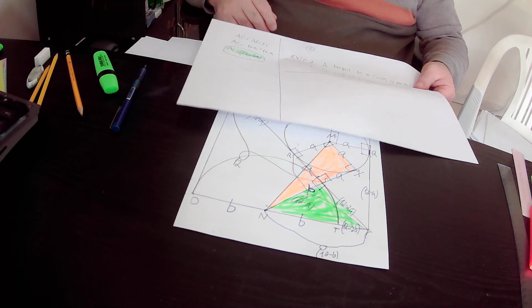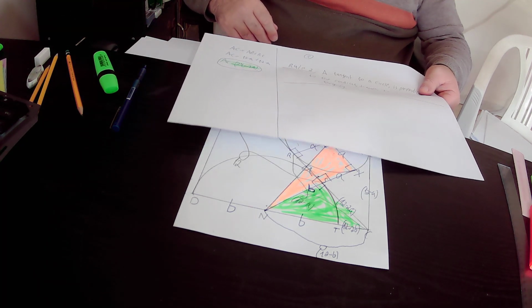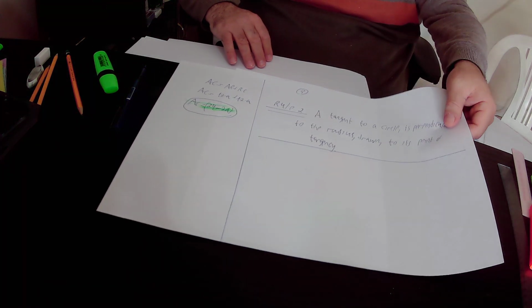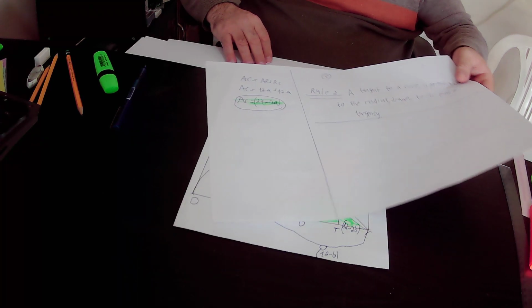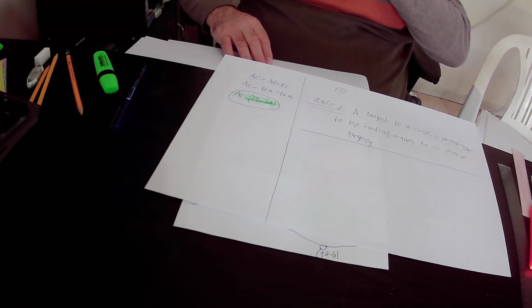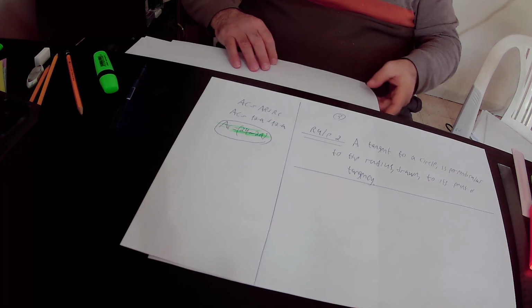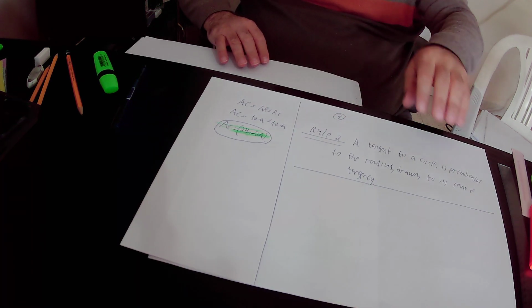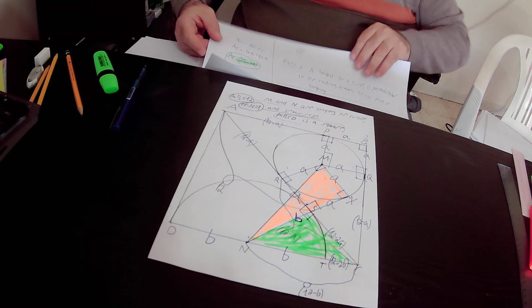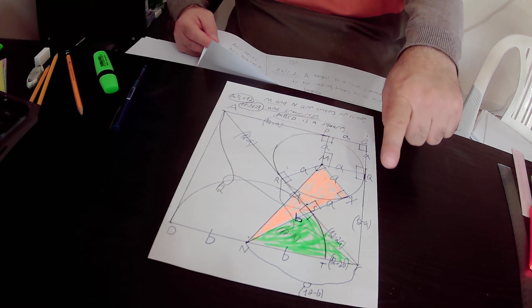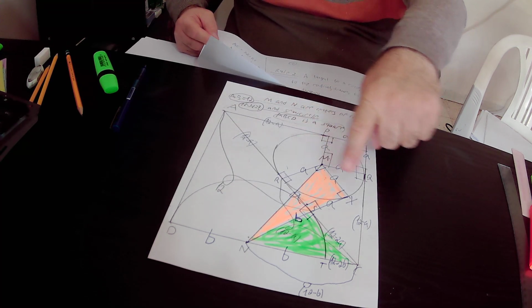Then I presented to you rule number 2, and before that, what is the length of diagonal AC? The length of diagonal AC is actually equal to AR plus RC.